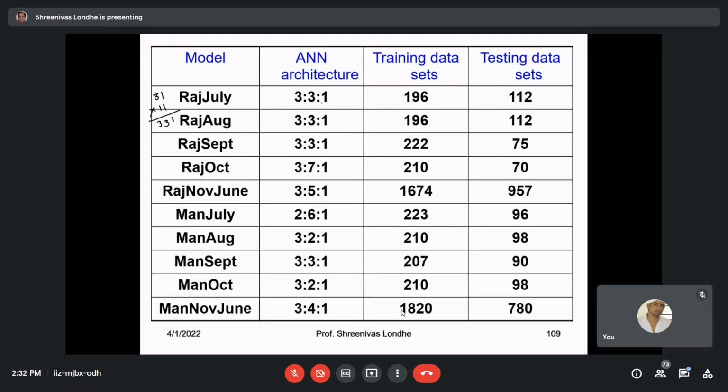You can see that everywhere except Mandleshwar July, we require 3 previous values. Mandleshwar July requires 2. Hidden neurons by trial and error. Output neuron t plus 1. So this is the general architecture. You can see the November to June non-monsoon model, and these are all monsoon models.